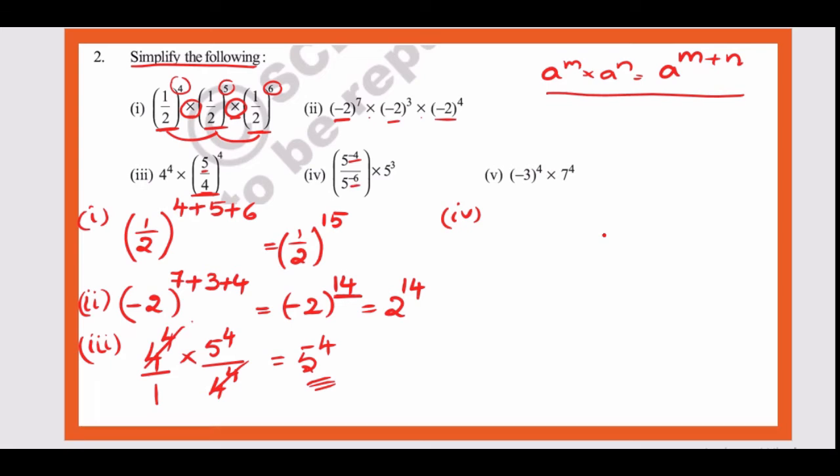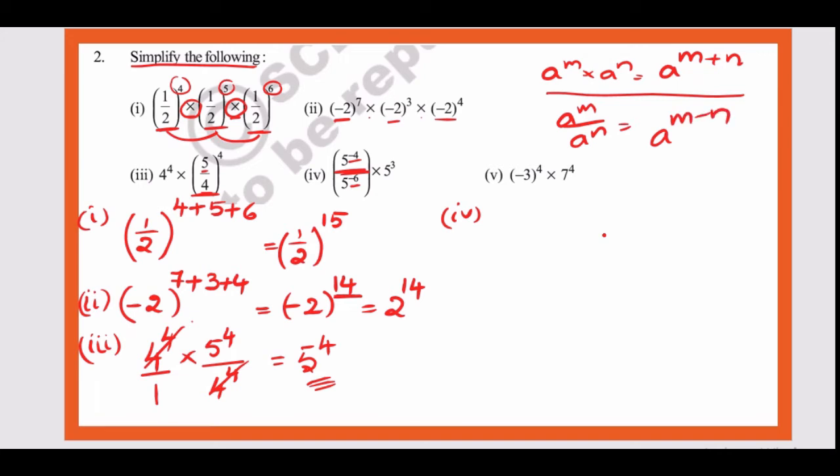So when bases are same and exponents are different, and if they are in quotient form, which means division form, then I can apply the a power m by a power n formula. What is the a power m by a power n formula? So a power m by a power n is nothing but a power m minus n.